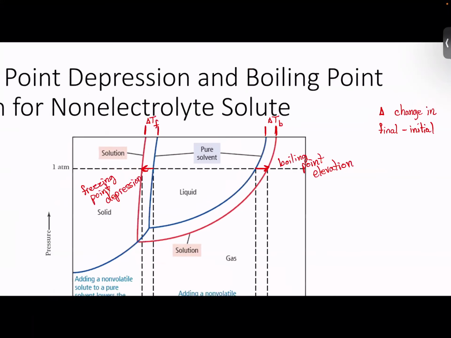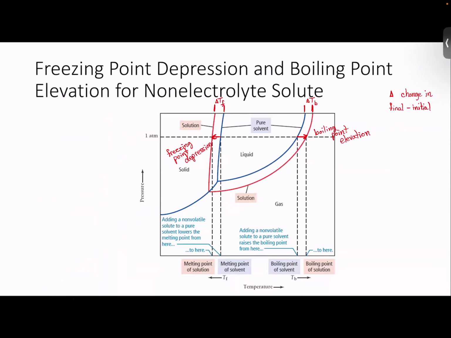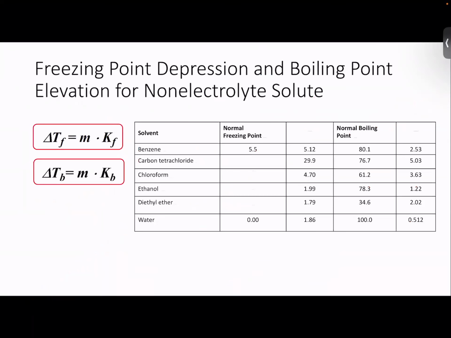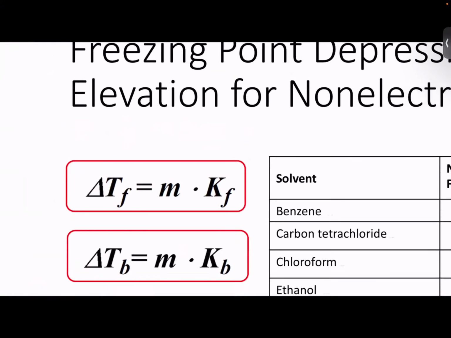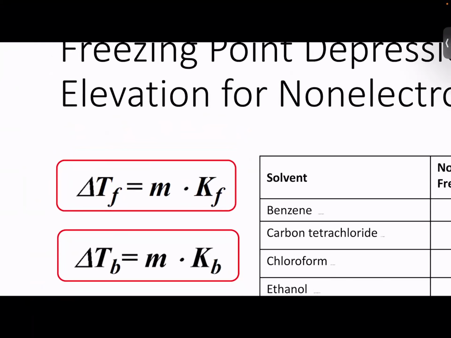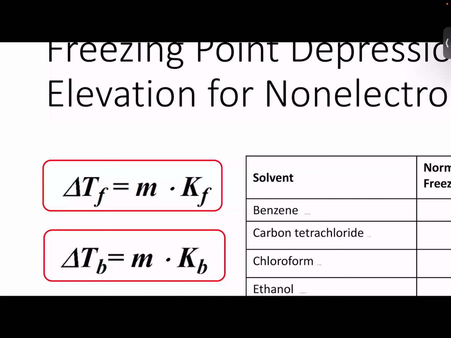Okay, so let's look at the equations to get you through this. To calculate the freezing point depression, it is going to be the molality times Kf, meaning we have to use yet another one of our concentration units.